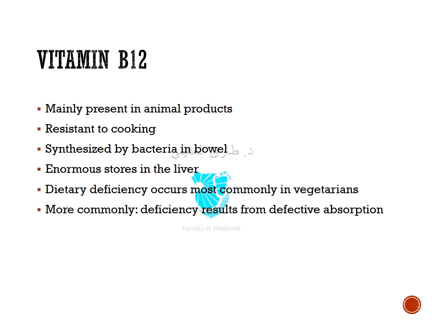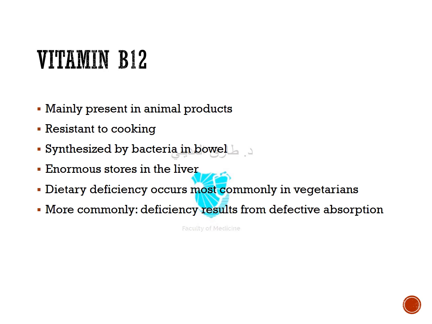Vitamin B12 is mainly present in the animal products. Okay, strictly in the animal products. ما بيكون موجود في vegetables. It is stable, resistant to cooking. It can be synthesized by our normal bacteria in the bowel. Okay, أيام زمان in the old ages ما كان عندهم good enough amount of meat like these days.